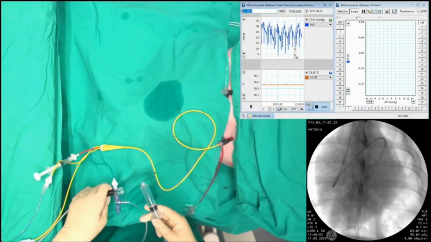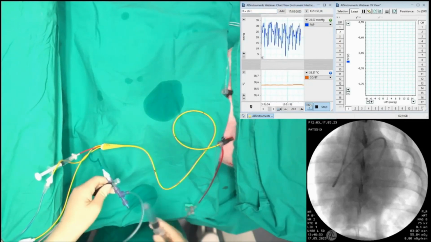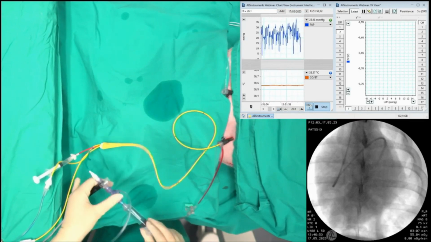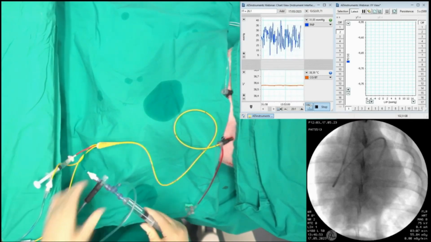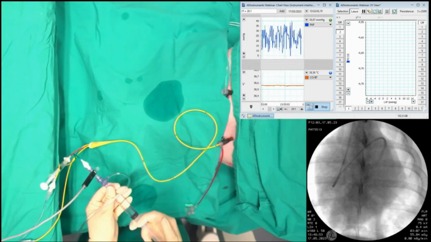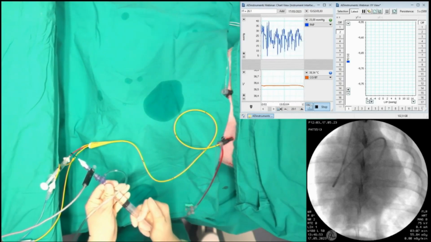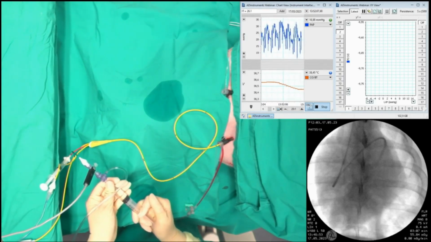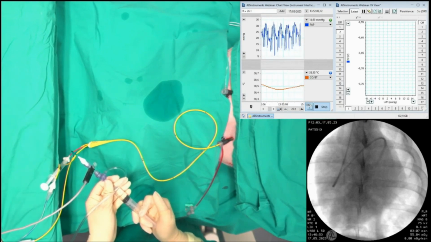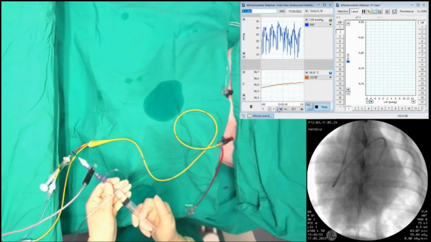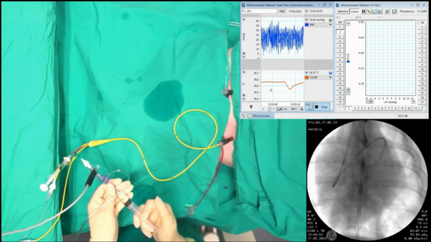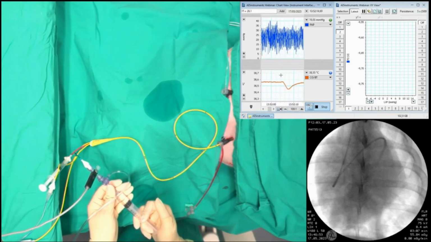So to record cardiac output, you just simply use the proximal line, which is this blue line connecting to a proximal port in the Swan-Ganz, and you inject 5 milliliters of room temperature saline. So when you inject this cold, or at least colder than the body temperature solution, at the tip of the Swan-Ganz catheter, there's a temperature probe that will detect this shift in temperature.